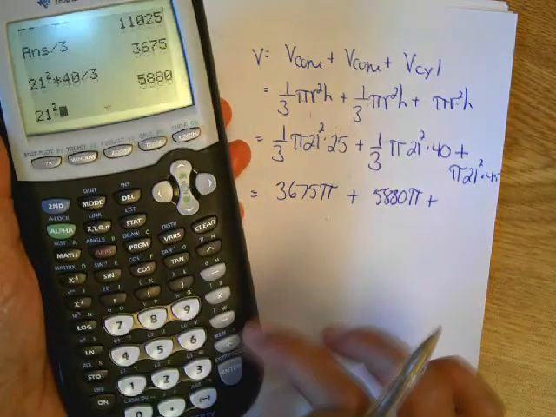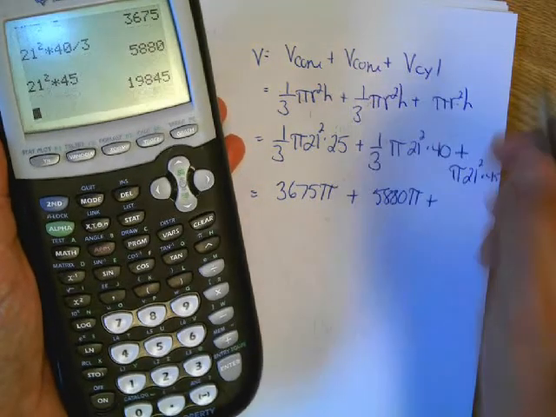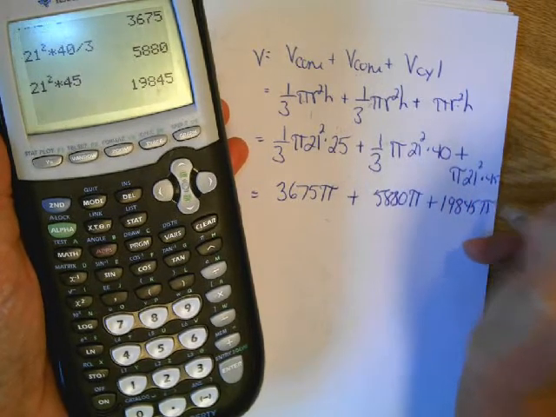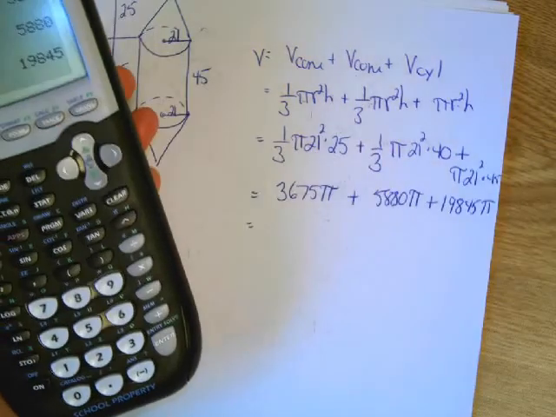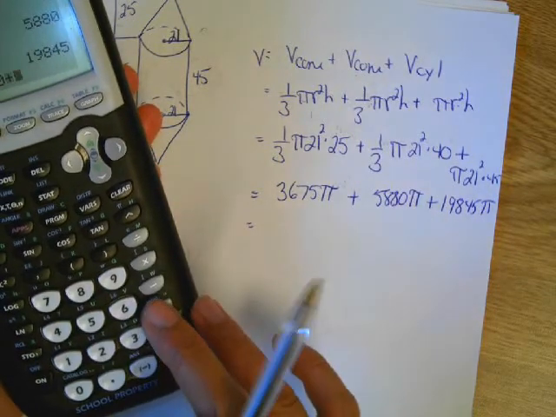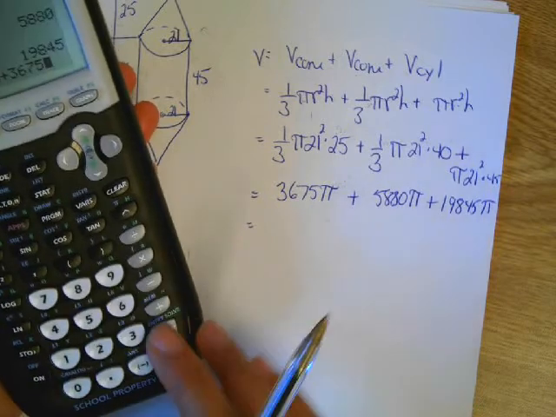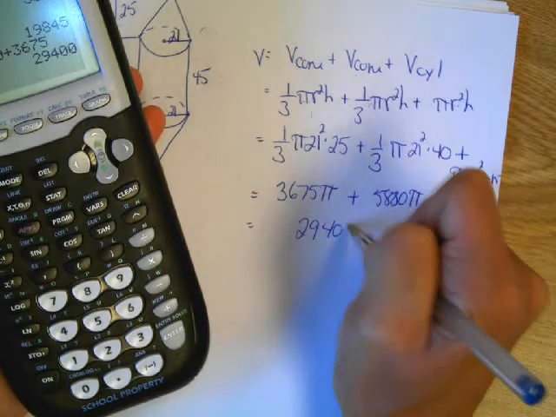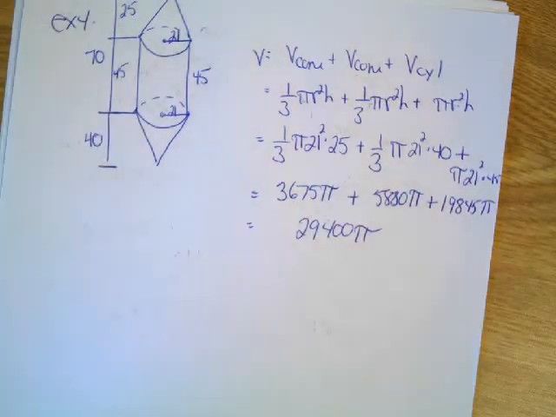Here, 21 squared times 45, 19,845 pi. So, add 5880, 3675, 29,400 pi.